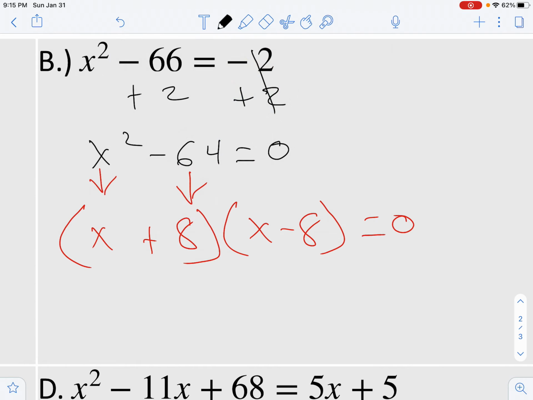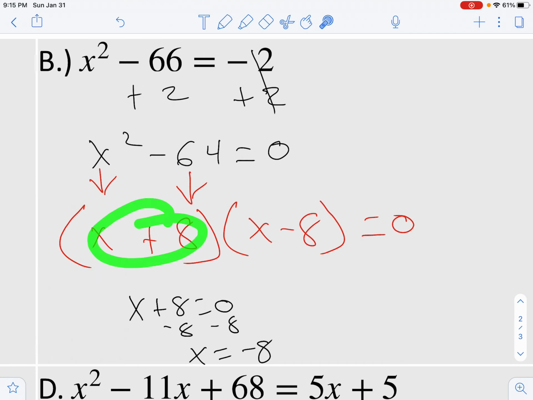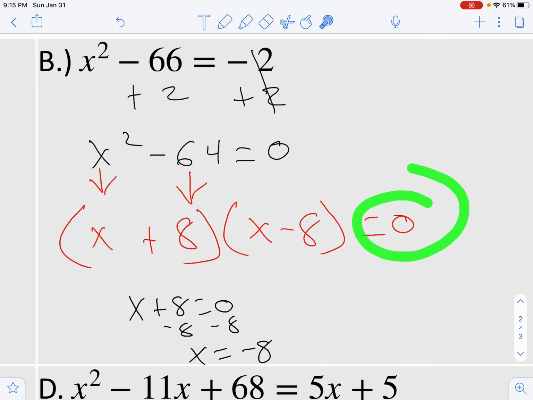Because if this first group is equal to 0, then everything else, so if x equaled negative 8, and I plug that in all the way across this, that would make a 0 here that multiplies in, and it would 0 everything out.